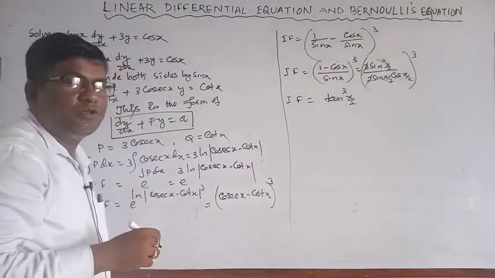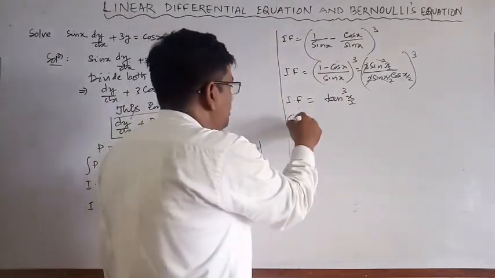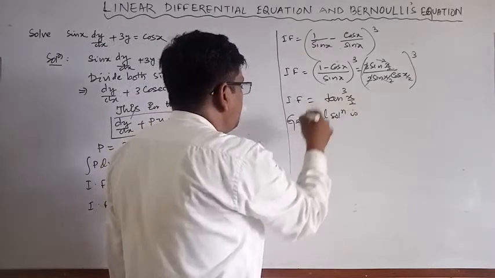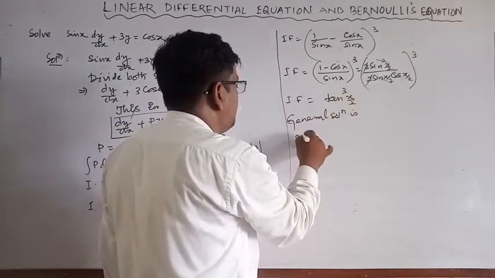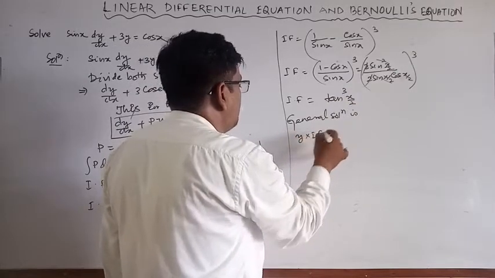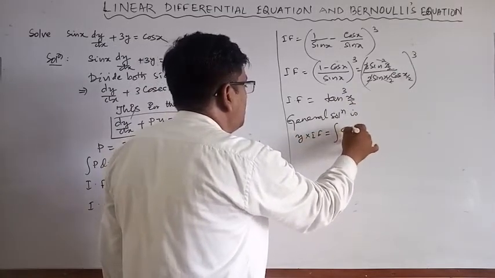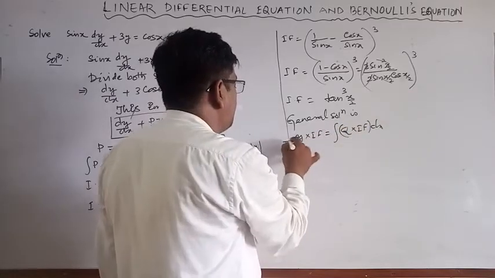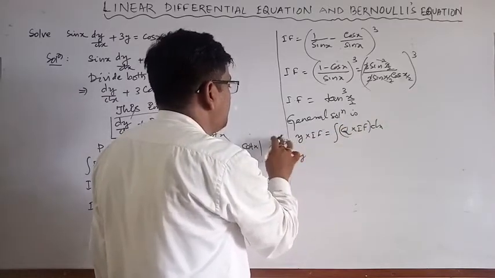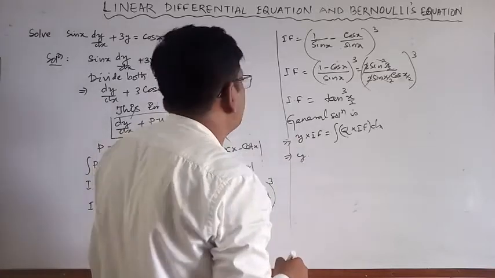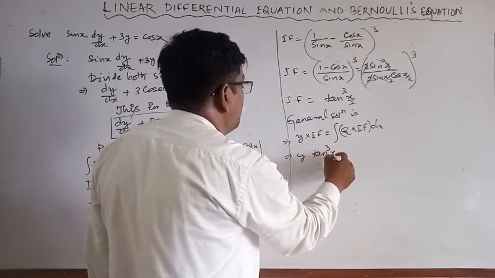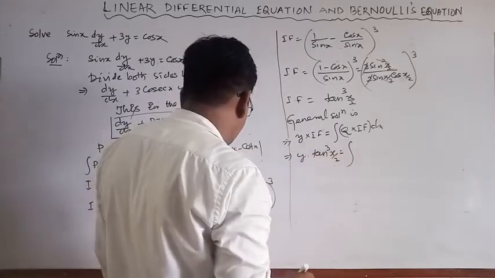Now the general solution is y into IF is equal to integration of Q into IF into dx. So y into tan cube x by 2 is equal to integration of, what is Q?